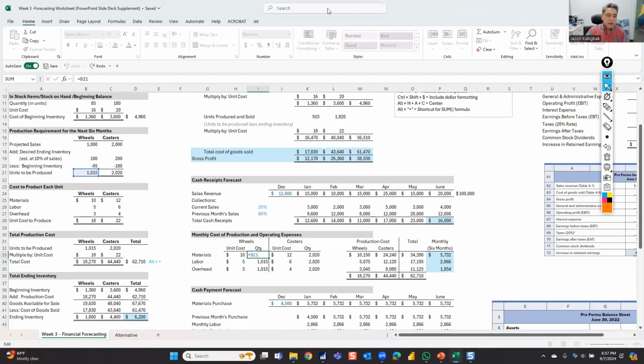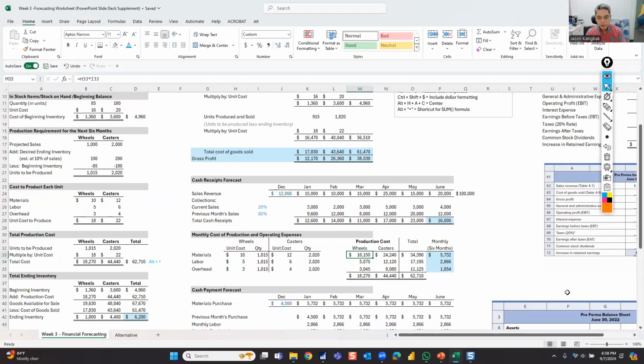The quantity is the quantity that I would actually produce for wheels and then casters, 2020, and then 1015, and then 2020. So it's basically a multiplication between the unit cost and the quantity, and then you will come up with the production cost, which is actually this one.